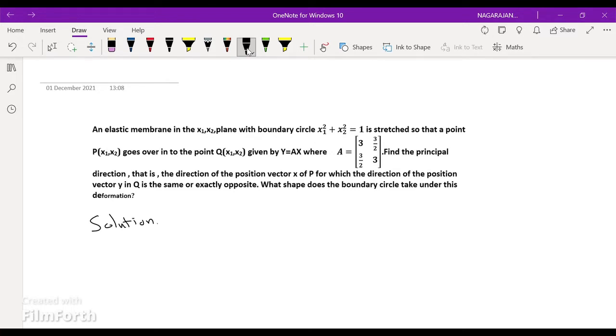We are looking for vector x such that y equals lambda x. Since y equal to Ax is given, this gives Ax equal to lambda x.